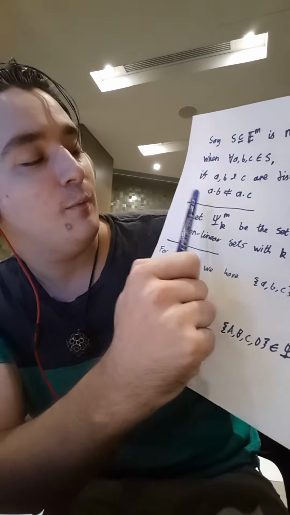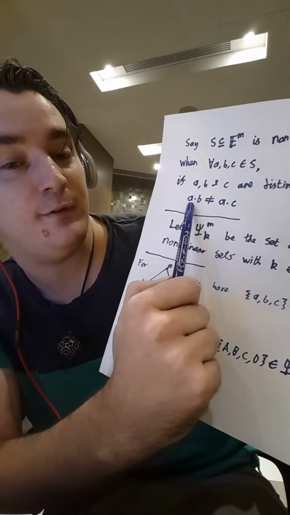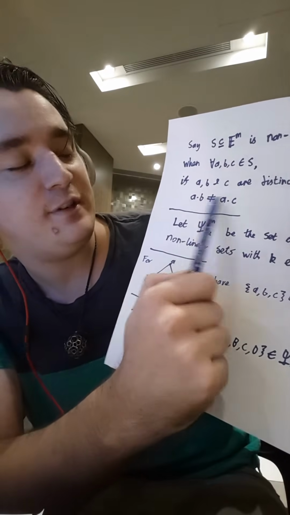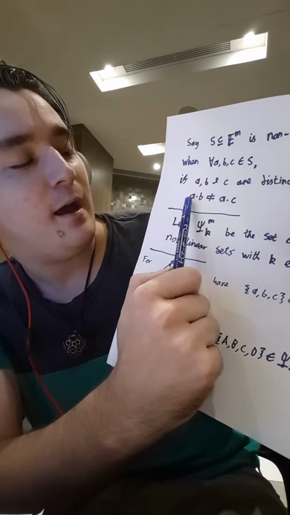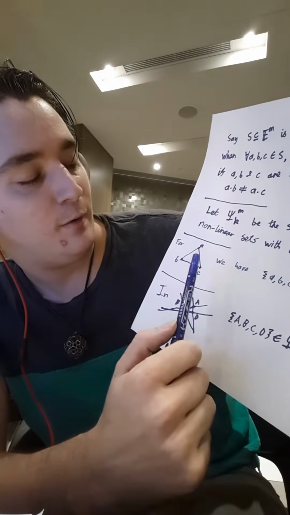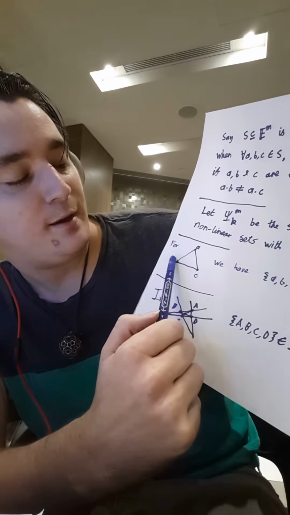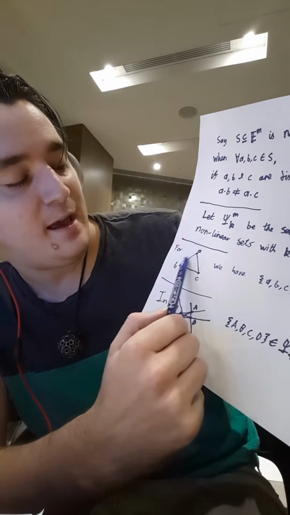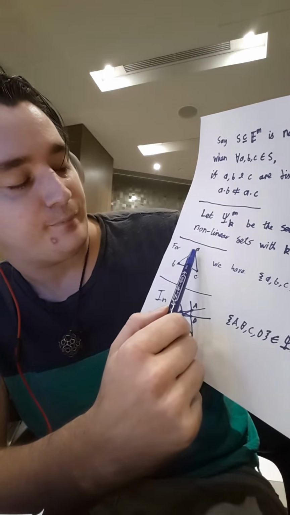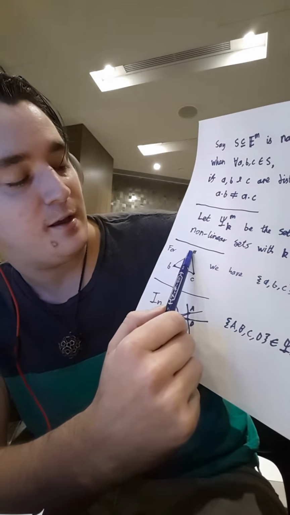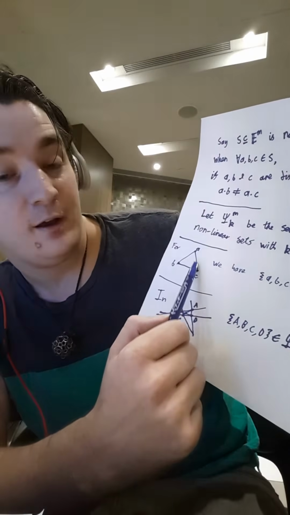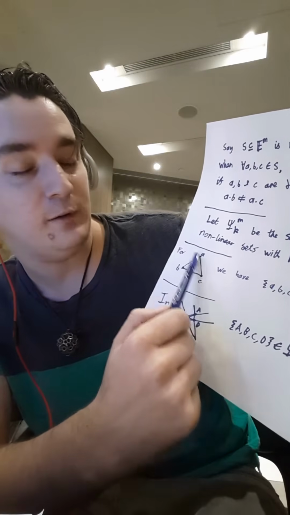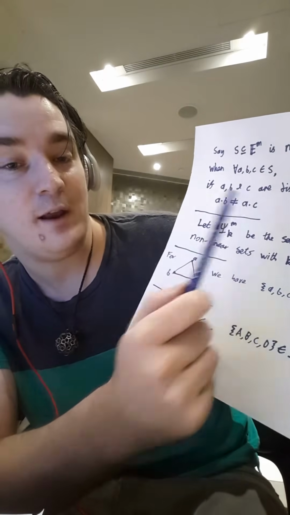That means that for distinct elements A, B and C, we're not going to have that A dot B equals A dot C. Well, look, A dot B, that's this line here, and A dot C, that's this line here. Well, we don't want those two lines to be equal, right? Because we're trying to avoid collinearity, and this condition does that quite nicely.